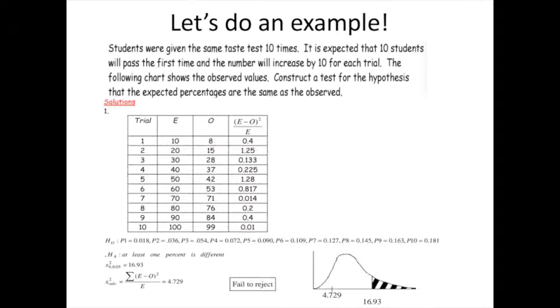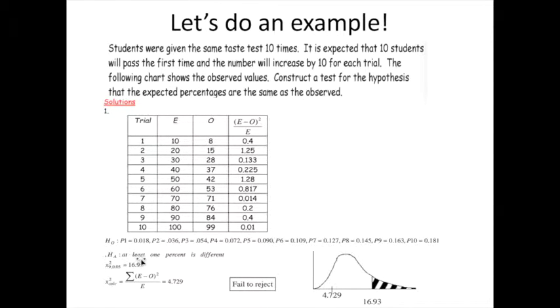And then we shade the rejected region, and we can look at the chi-square table to find the value of the chi-square table, which is 16.93.